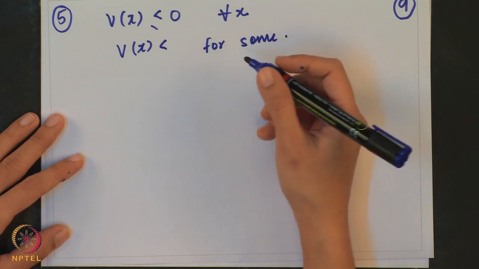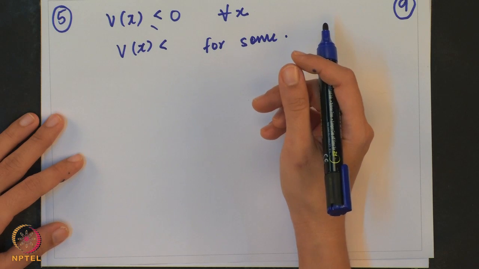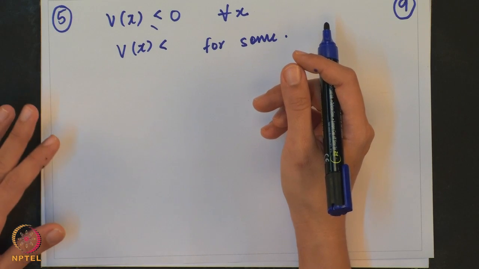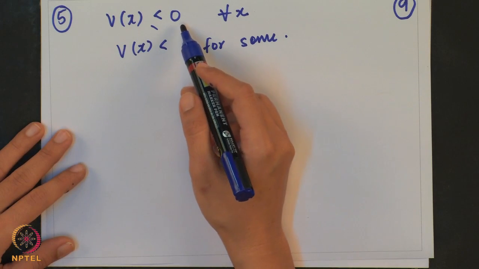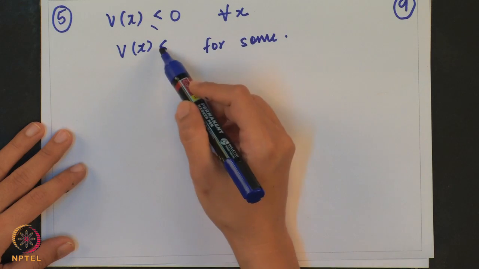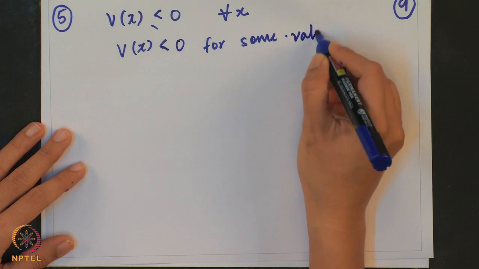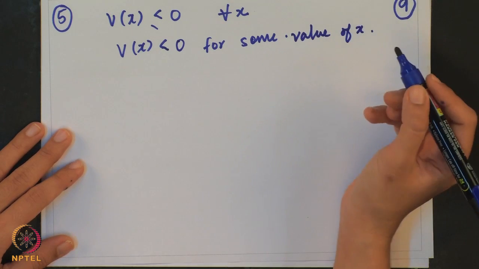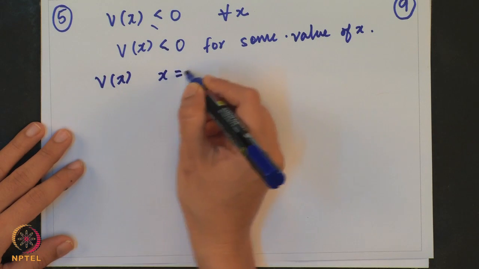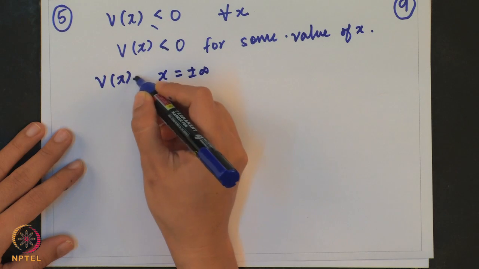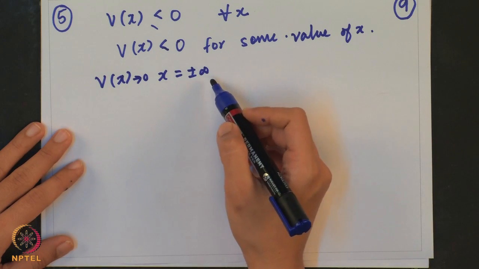By an attractive potential, we mean a piecewise continuous function V(x) such that V(x) is less than or equal to 0 for all x, and it is less than 0 for some value of x. Now we know that V(x) vanishes, it goes to 0 at x equal to plus minus infinity.